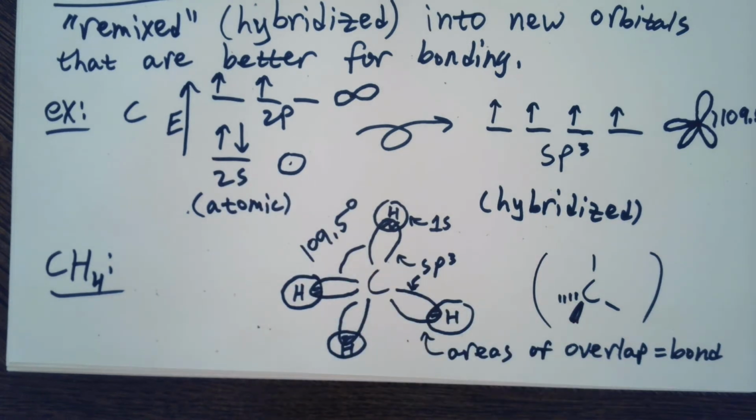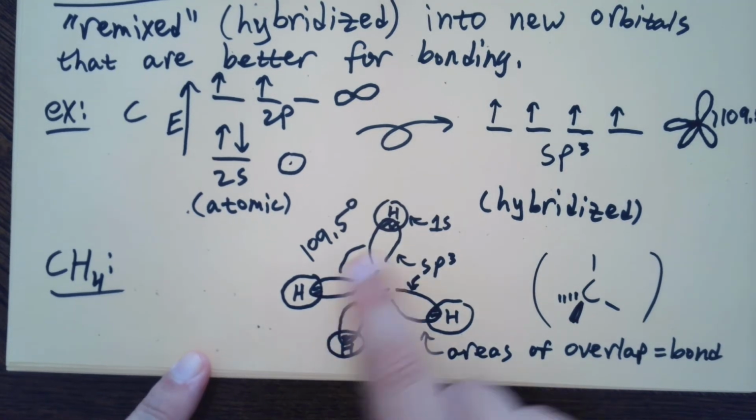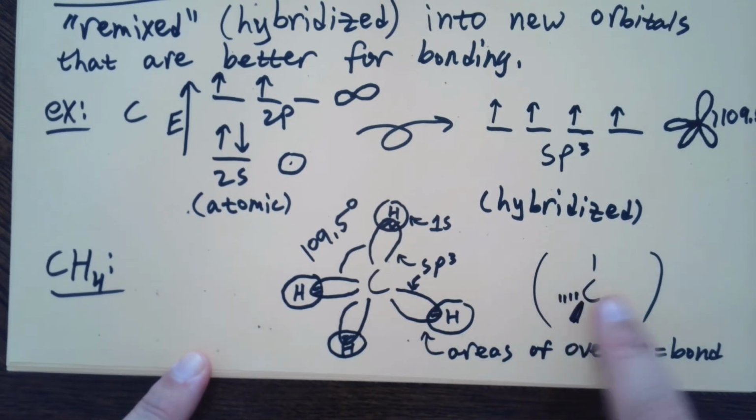So that's what we're talking about there. All right, so all of these are single bonds, by the way. That's what carbon's doing. It's all single bonds. What about double bonds? What do those look like? How do I get a double bond?